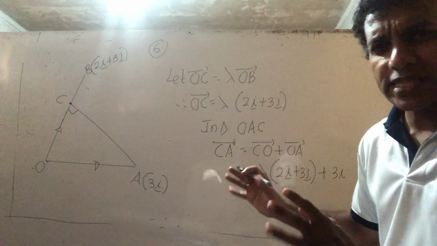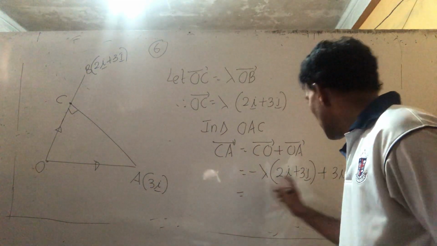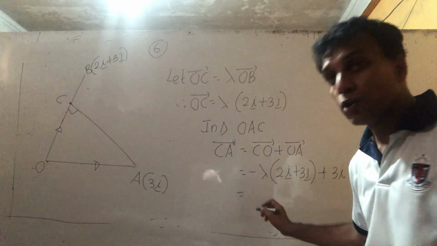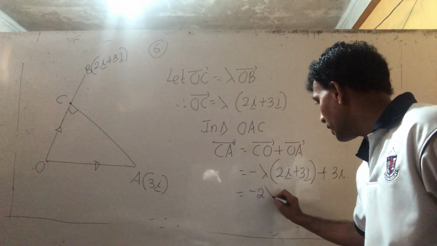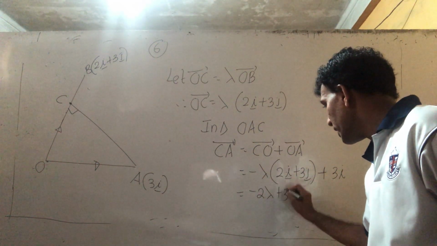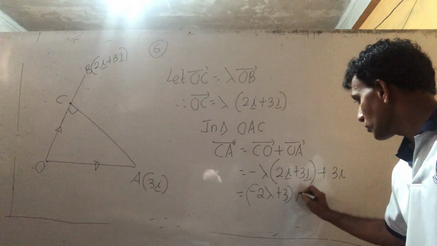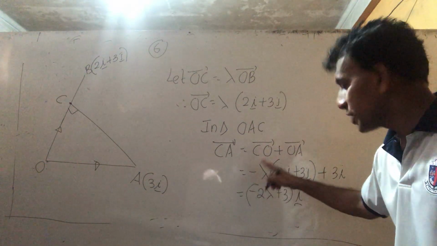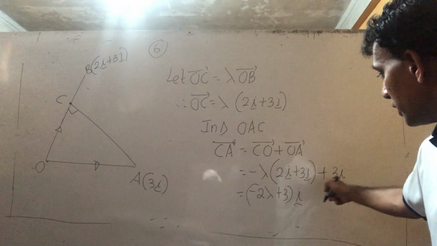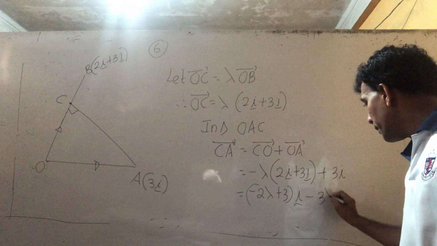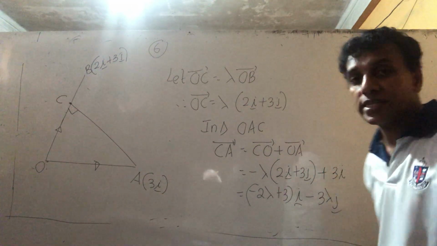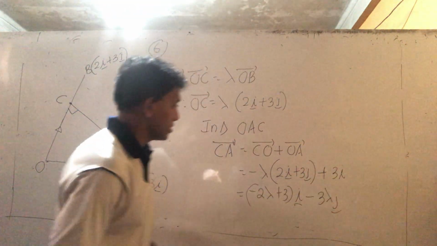I can further simplify this by taking the i component separately: minus 2 lambda plus 3, into i, minus 3 lambda j. This is CA.